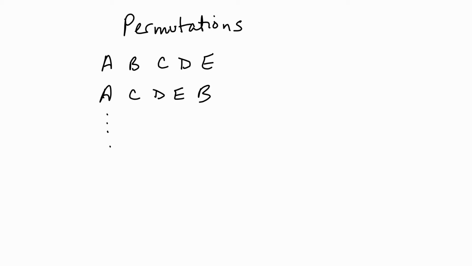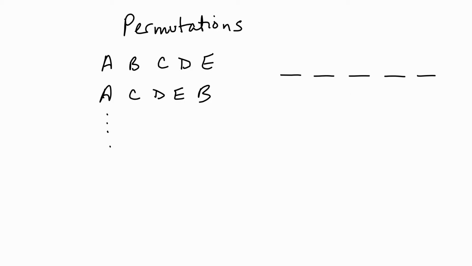I could just write them out and count, but for larger sets, that's impractical. So the way I do all combinatorics problems is I say, okay, if I'm making permutations of 5 letters out of my possible set of 5 letters, that means I've got 5 slots that I can put my letters into. And I'm choosing letters from my set to put into my subset. You hear the word choose a lot in combinatorics.